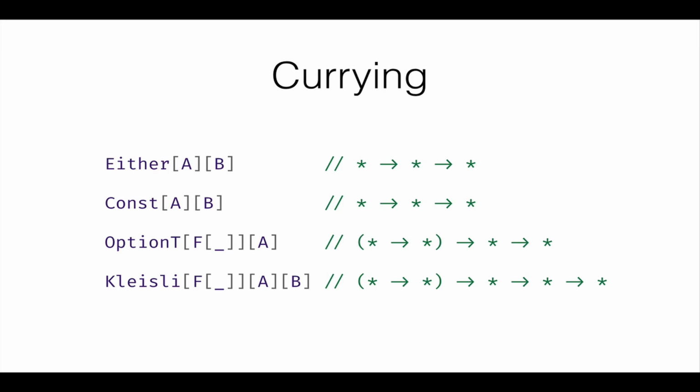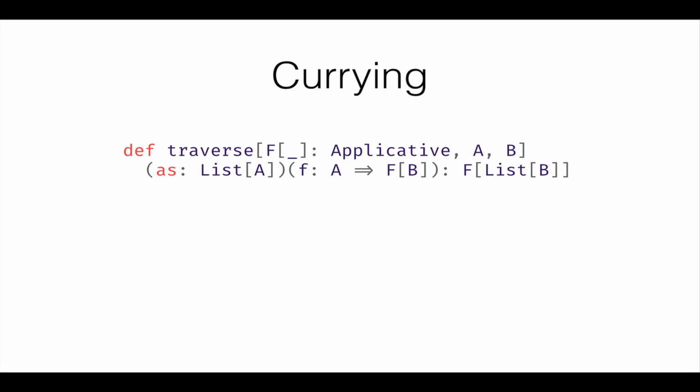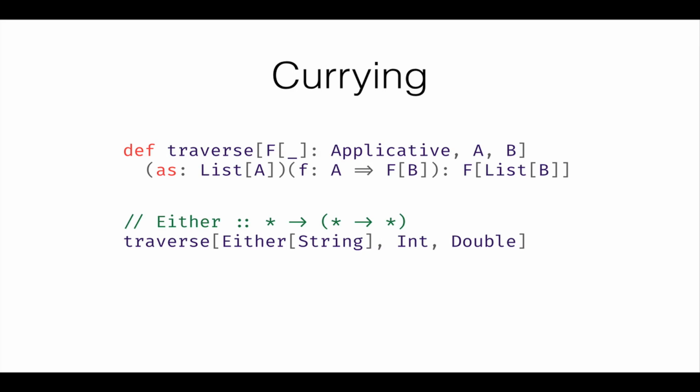And so if we view type constructors as type-level functions that can be curried, then the choice for how we disambiguate the earlier examples becomes clear, right? We clearly always apply left to right, just like we do with functions. And this is how Haskell does things in terms of resolving the applicative instance for Either. So going back to the traverse example, you could imagine that traverse is instantiated with these types.